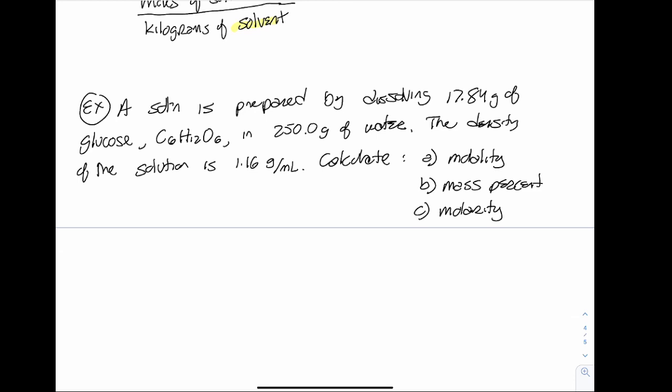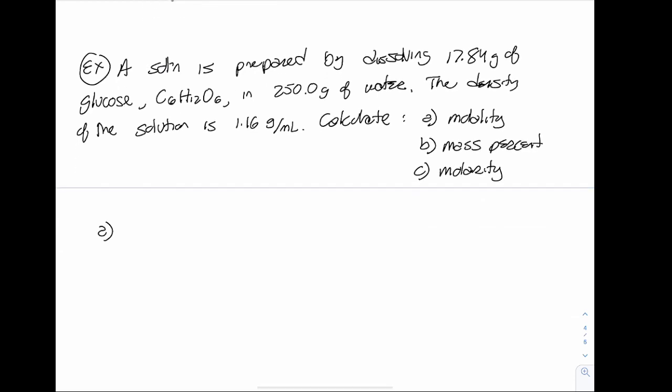So A first, remember molality is moles of solute, which is going to be glucose in this case. Remember, our solute is the one I have less of. So I have 17.84 grams of glucose and 250.0 grams of water. So glucose is my solute. And then that's going to be over kilograms of solvent.